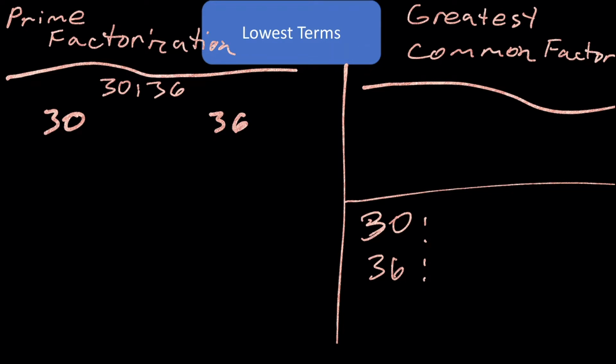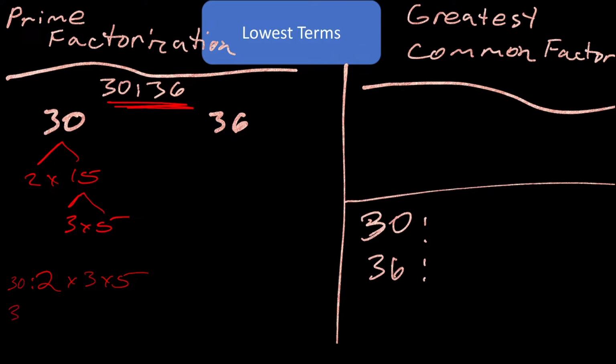Okay, so if I had, this is my rate, 30 to 36. If I wanted to reduce this, one way that I can do that is to find the prime factorization. So I go 2 times 15, right? This is 3 times 5. So the prime factorization of 30 would be 2 times 3 times 5, right?